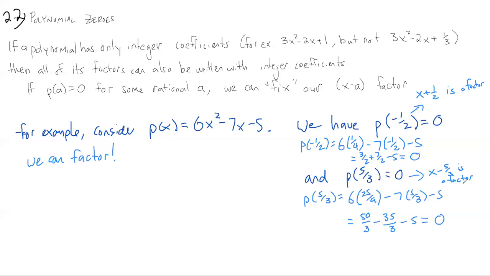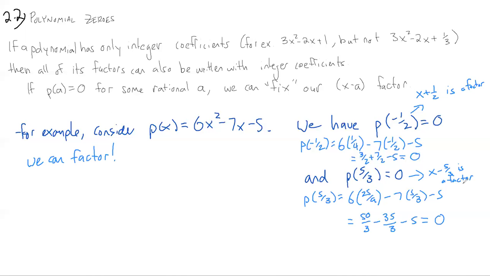But I know that if I multiply those two things together, I don't get p of x, because if I multiply them, I get x squared. I don't get a 6. That's because I didn't clean up the fraction parts. I didn't turn them into simple integer factors.